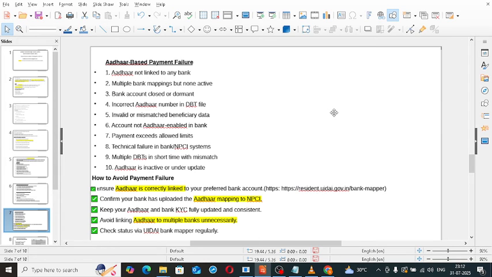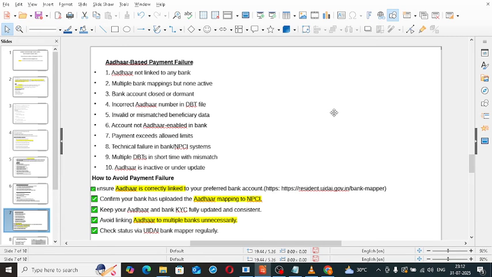Maybe it goes to a log, otherwise it throws an error. Invalid or mismatched beneficiary data. Suppose you provide a wrong beneficiary Aadhaar number or something; that is mismatched data. Suppose instead of an Aadhaar number, you provide 2 characters, 5 characters, or fewer characters. The value will not match exactly with the Aadhaar number, or there is some failure in the Aadhaar number validation, so it is mismatched beneficiary data, right?